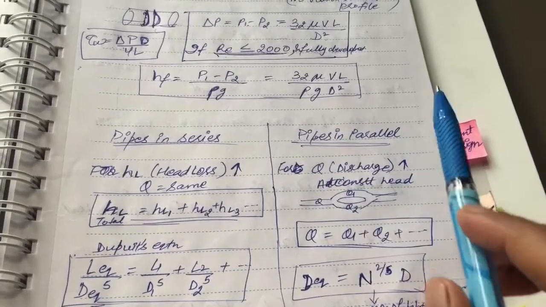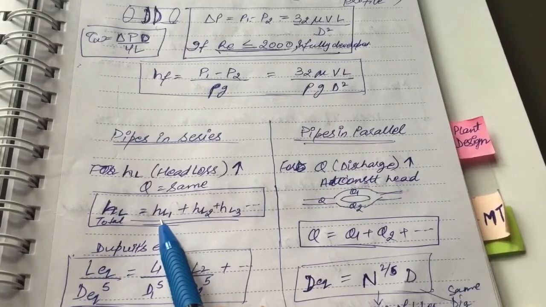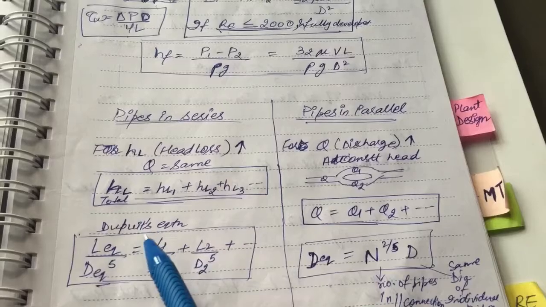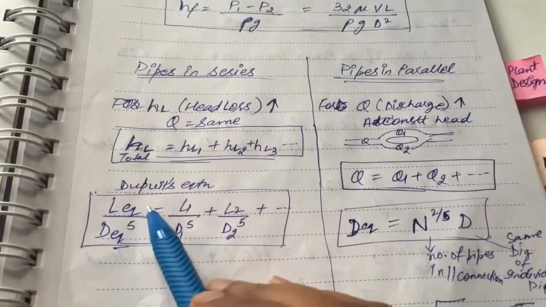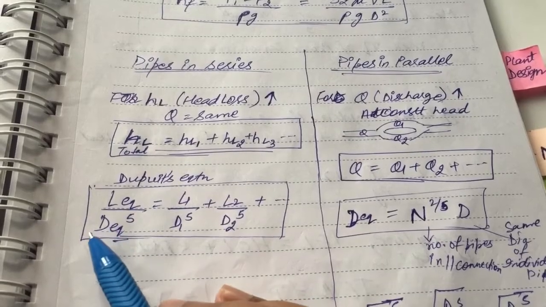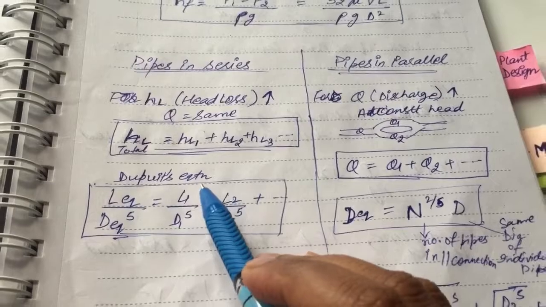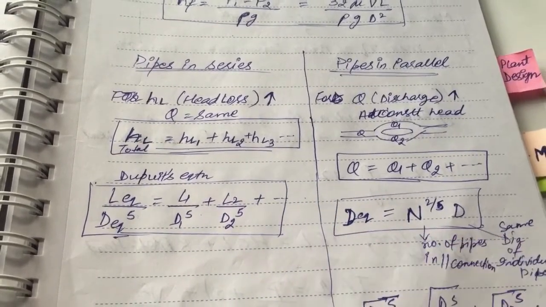So HL, which is the total head loss, is given as HL1 plus HL2 plus HL3, and Dupuit's equation for pipes in series is L equivalent by D equivalent to the power 5 equals L1 by D1 to the power 5 plus L2 by D2 to the power 5, and so on.